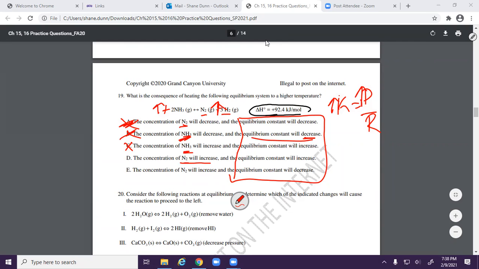The concentration of N2 should increase. B says that reactants will decrease, which is true, and the equilibrium constant will decrease. If reactants go down, what happens to K? It goes up. That's why B is wrong, because it's one true statement followed by a false statement.